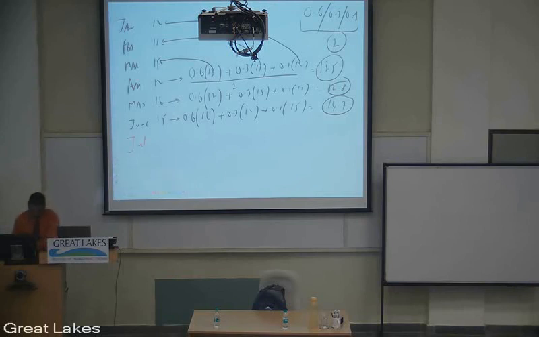July. 0.6 times 15 plus 0.3 times 16 plus 0.1 times 12. So it's 9 plus 4.8 is 13.8 plus 1.2 equals 15.